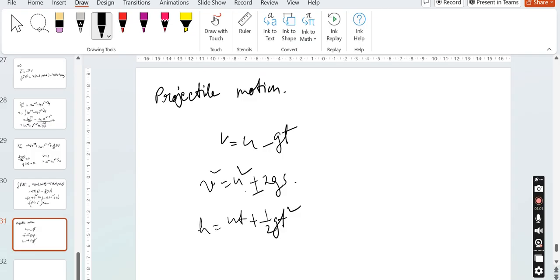And these equations will have an x component and a y component. So basically g works in the y direction, in the x direction there is no g. So basically remember these equations.